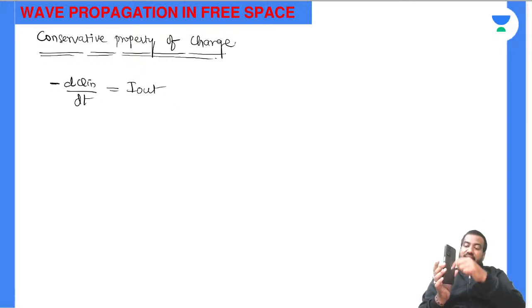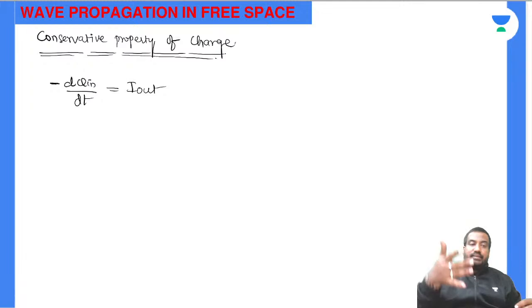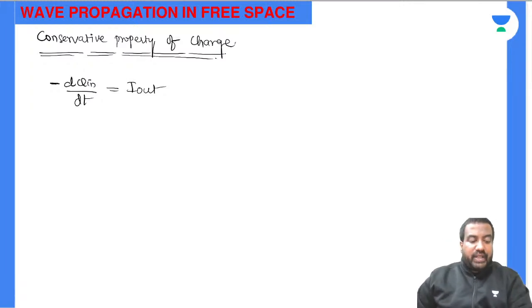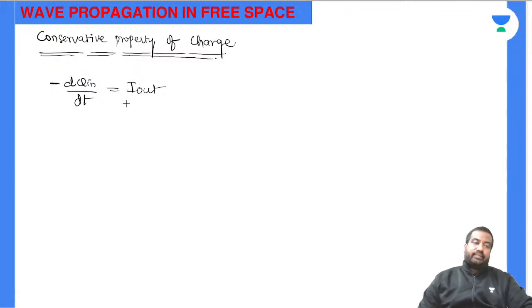The rate of decrease of charge within this volume is equal to the amount of current going to the motherboard of the phone. If you use it more, the charge will reduce very fast. That means it's a natural phenomenon. The rate of decrease of charge within a closed volume is equal to the net outgoing current. It's called the conservation property of charge.